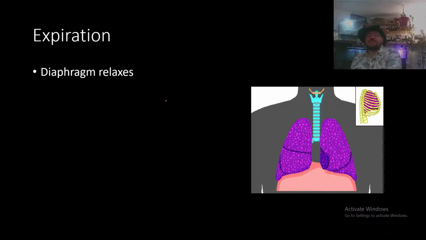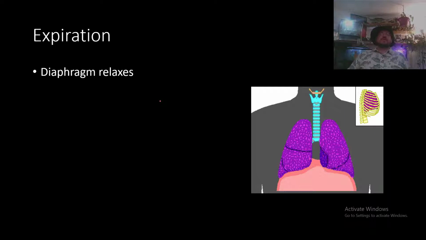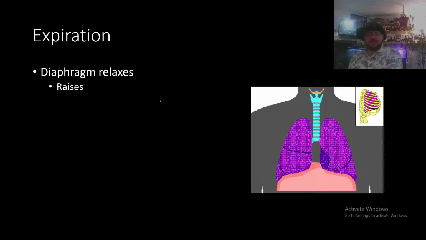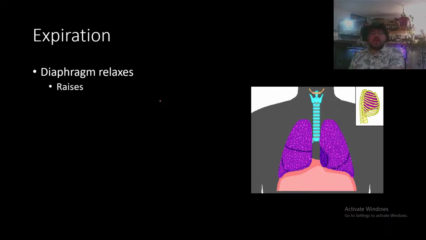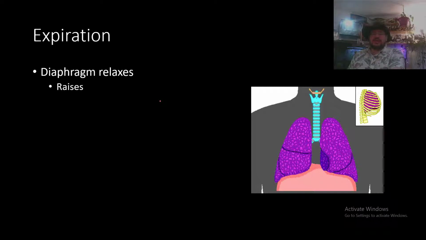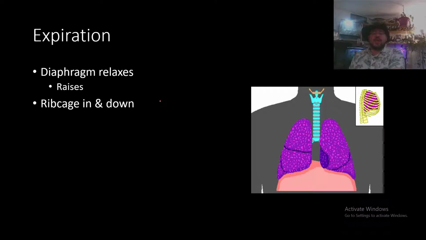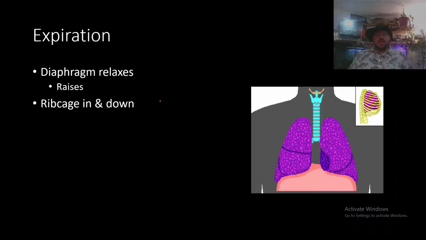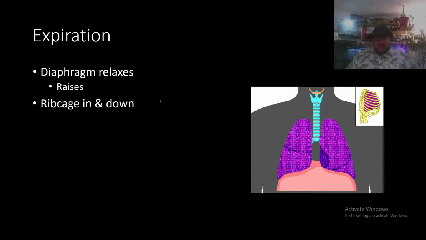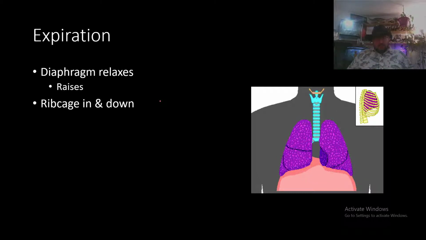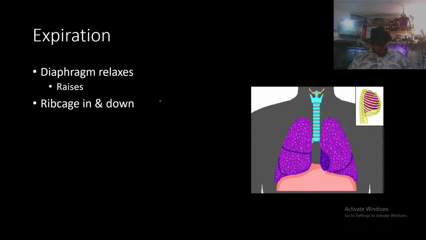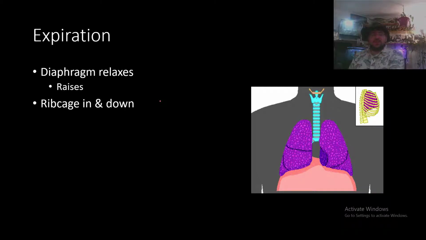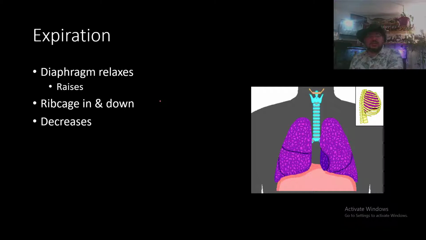So the diaphragm relaxes, and as the diaphragm relaxes, it moves upward in the chest cavity. This raises the diaphragm into the chest cavity. The rib cage unconsciously moves a little down and a little bit in, and the little muscles in the ribs pull them closer together so that your chest cavity gets smaller.